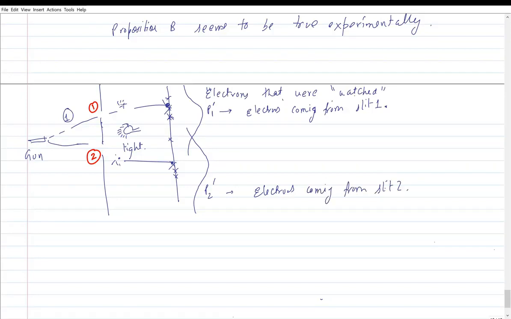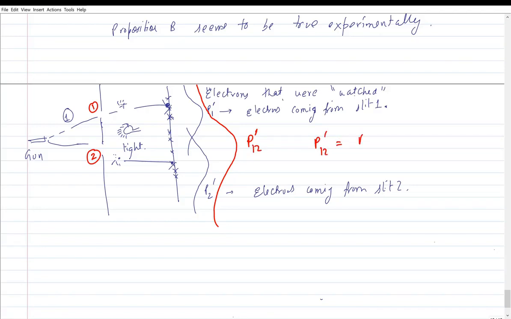How do I know? Well, because I am watching the flash of light, and if I add these, I take the statistics of all the electrons coming, irrespective of which slit they are coming from. The net probability is just going to add up. It's going to be P prime, maybe I should call it P prime 1 2.